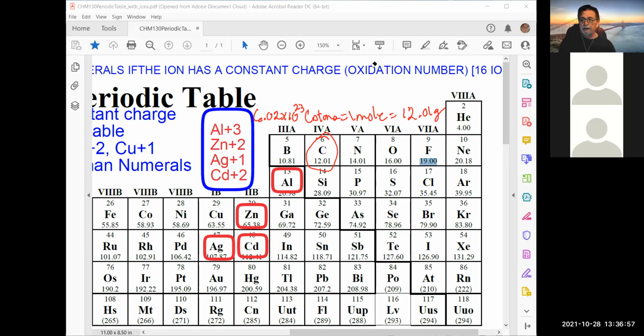Okay, everybody agree on that? 6.02 times 10 to the 23rd carbon atoms is equal to 1 mole of carbon, which is equal to 12.01 grams, right? Everybody here on all these elements, every single element here, if I have 1 mole of any of these elements you select, I have 6.02 times 10 to the 23rd.